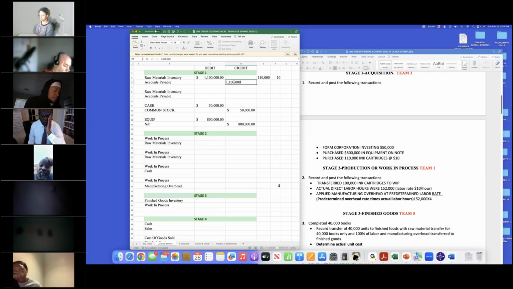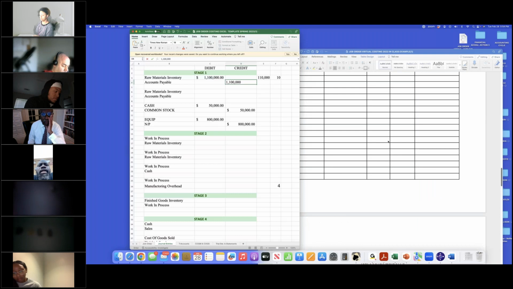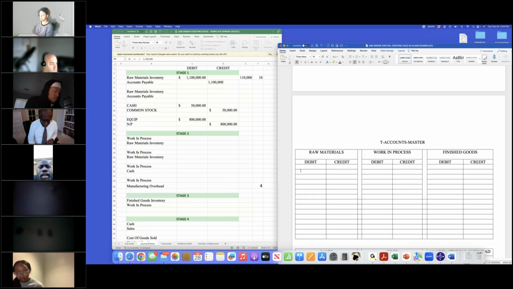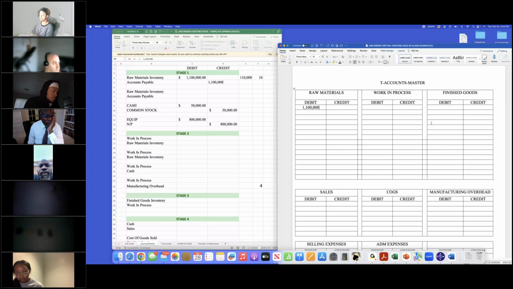Now, you should be doing this on your Excel spreadsheet, but you should be putting that raw materials in here as a debit for 1,100,000. We're just going to be posting here the basic journal entries that relate to the manufacturing process. Any questions on stage 1?